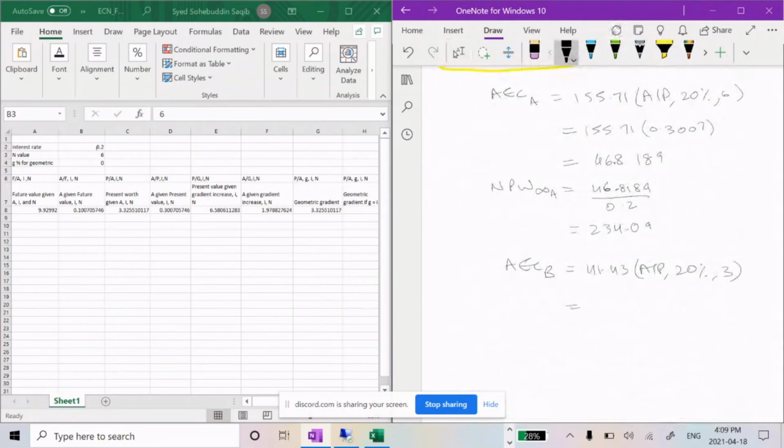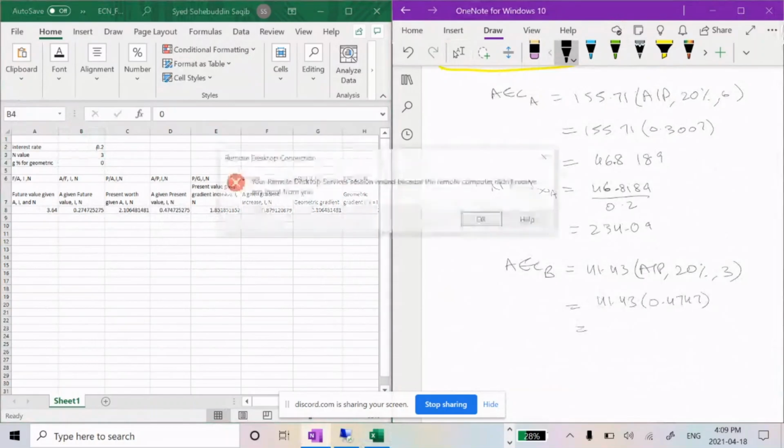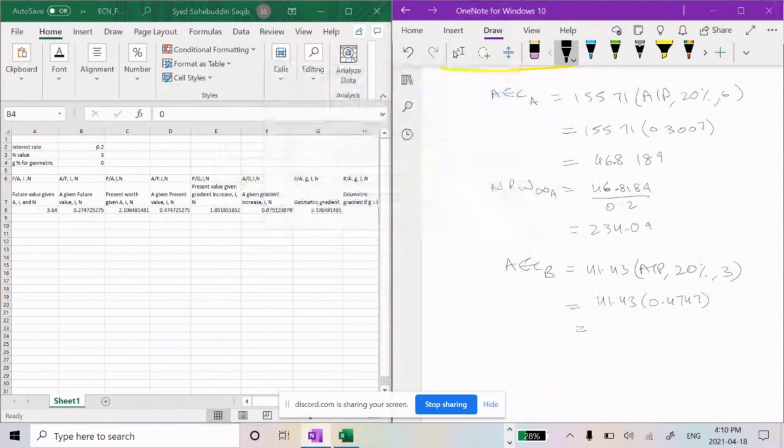A given P at 20%, 3 periods is 0.4747. 41.43 times 0.4747 gives 19.667. That is the annual equivalent cost.